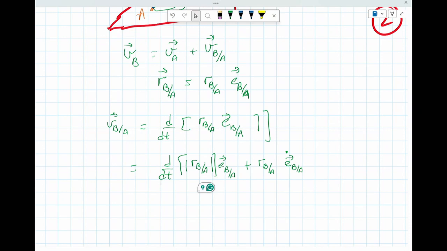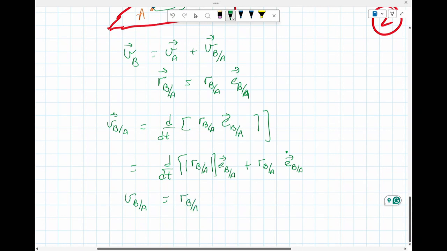So v_B/A becomes equal to the magnitude of r_B/A times e_B/A dotted, which is equal to, from other work that we did, omega_AB crossed with r_B/A.